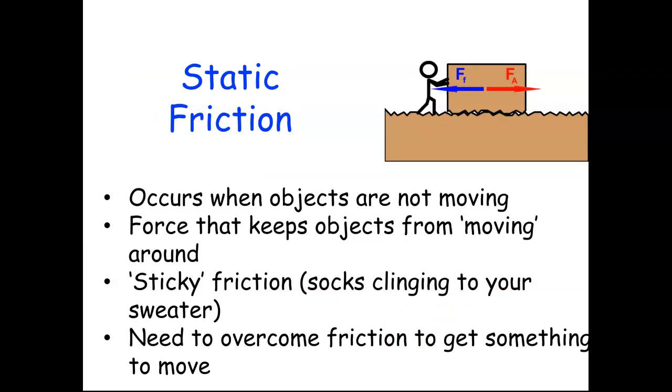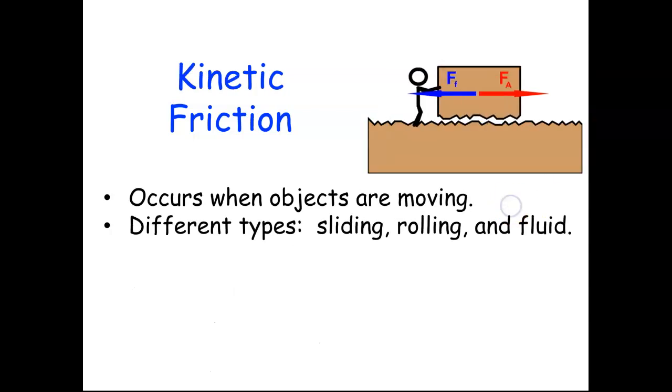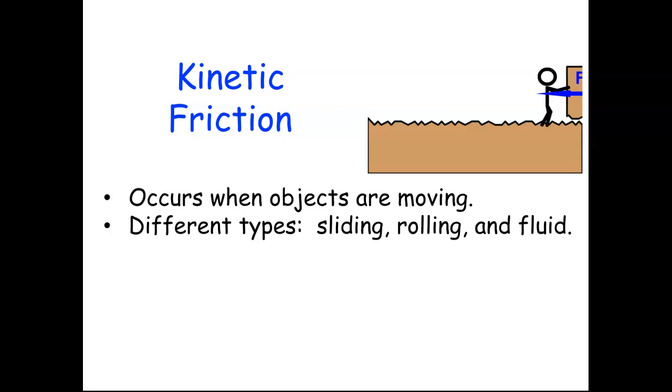So static friction occurs when objects are not moving, and this force keeps the object from moving around. So if you want the object to move, you have to overcome the weight, the force that's pushing down, and also the friction between the object and whatever surface it's on. Same thing with kinetic friction.